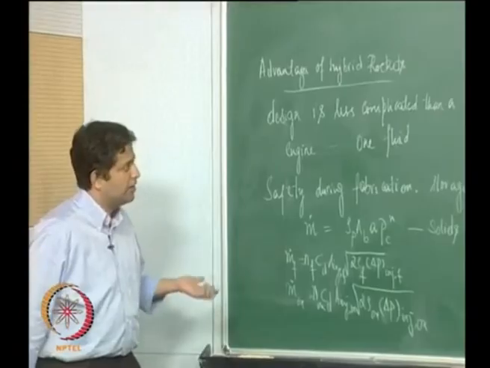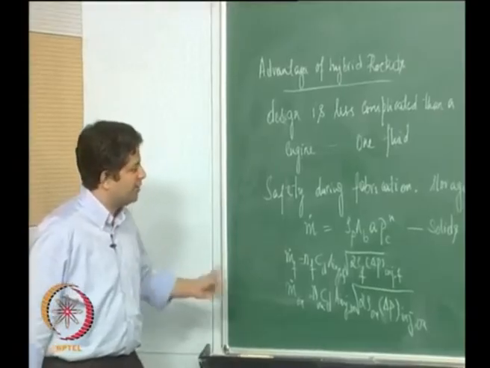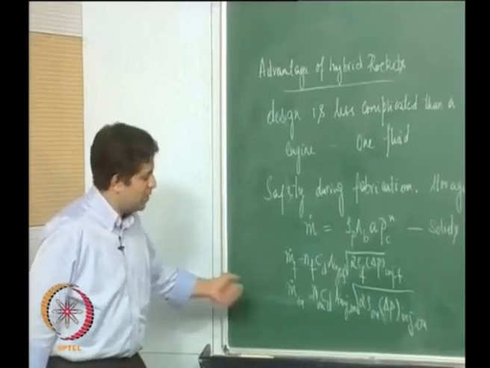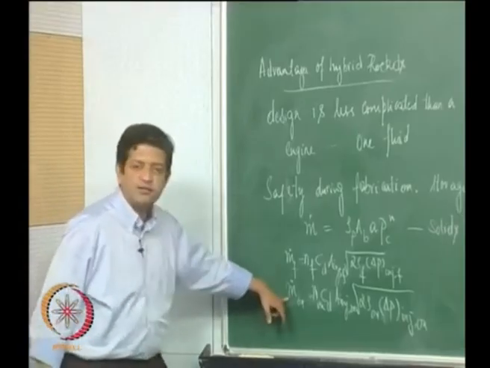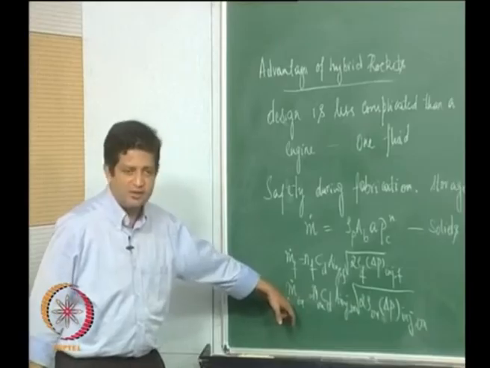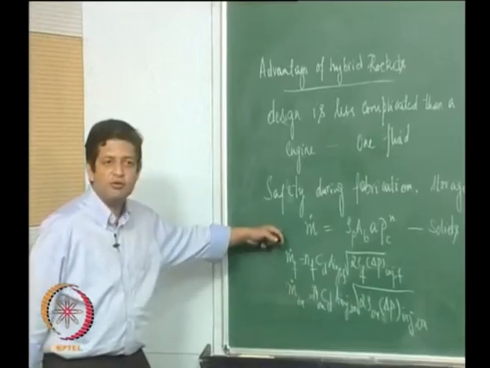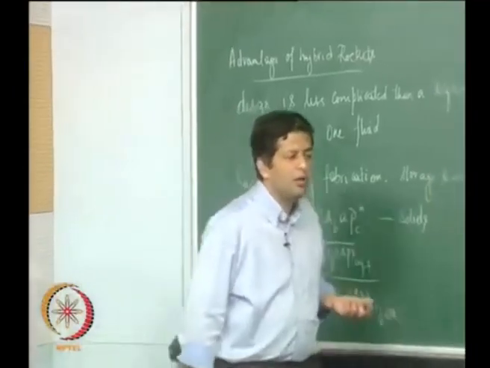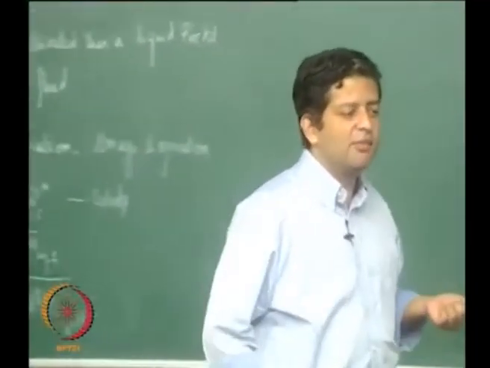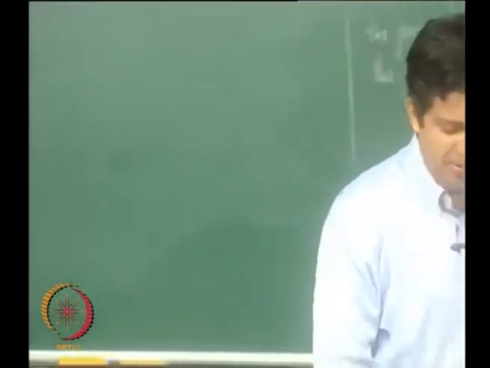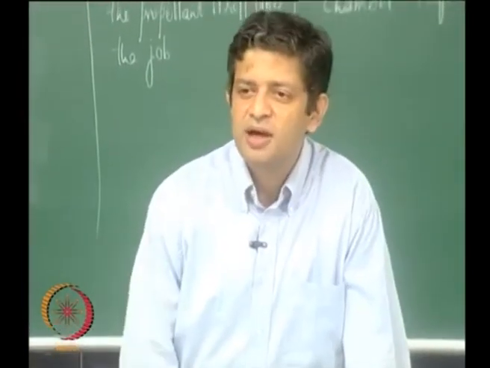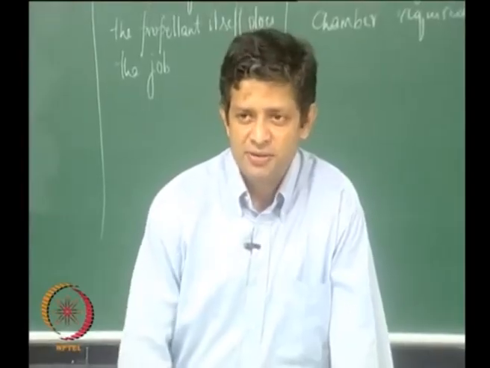Now if you look at what happens in a hybrid, as I said earlier, it is a mixture of these two. So the oxidizer mass flow rate follows a similar thing, whereas fuel will follow something similar to this. But as I said, the safety comes in because of something known as boundary layer combustion, right.